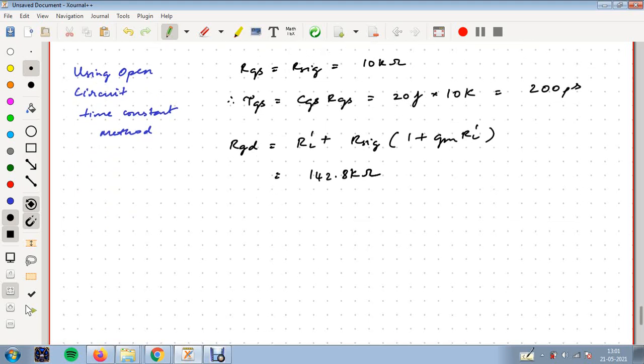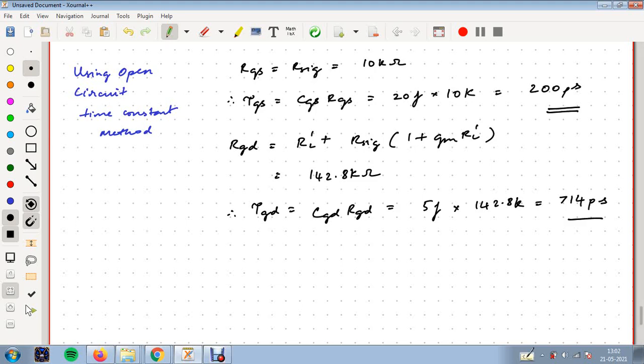So tau GD is CGD into RGD, which is 5 femto into 142.8 kilo. So tau GD is somewhere around 714 picoseconds. Next, RCL is the same as RL prime, so that is 9.82 kilo ohms.